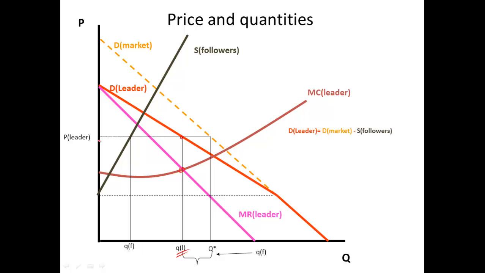There's the price chosen by the leader. Well, at that price, followers want to supply along their supply curve, and that's this quantity right here. But by construction, this difference here between the total quantity and the leader quantity equals QF, the follower quantity.